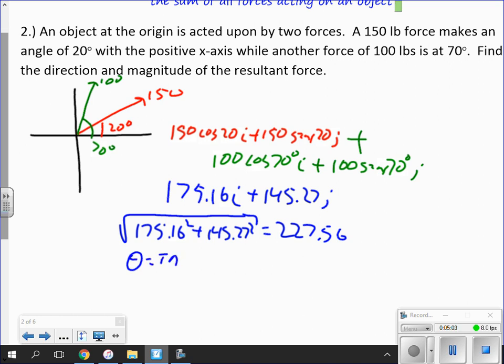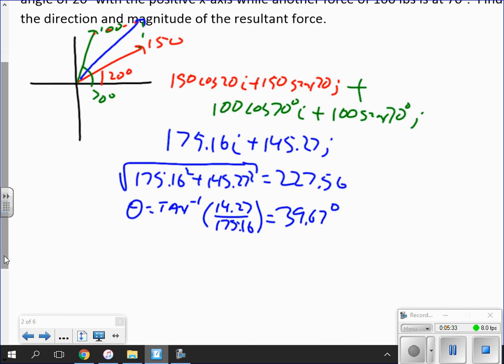Theta is equal to the inverse tangent of 145.27 over 175.16, and you end up getting a 39.67 degree angle. So we're looking somewhere in here. That's our resulting one, and if we take the other two vectors and add them together, it makes sense. So what is our force pulling on this? We have a 227-pound force at an angle of 39.7 degrees.